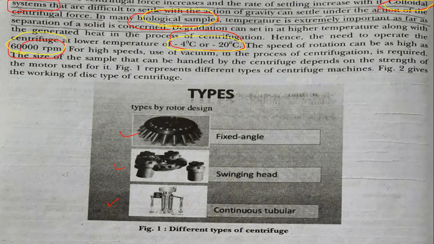It is also there in the chemistry lab, but the speed there is about 6,000 to 7,000 revolutions per minute, and even the temperature can be reduced up to -20 degrees Celsius. Such an instrument is available in our research lab. So this is a very important technique.